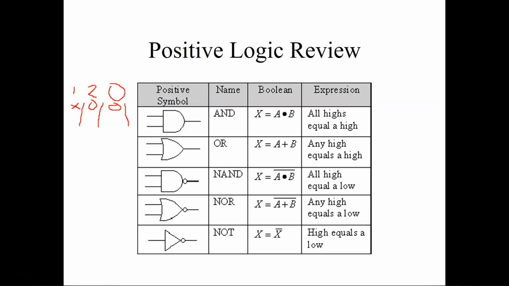If I have nothing here, one here, this guy still has nothing. In order for him to be on, he has to have two inputs to get an output.